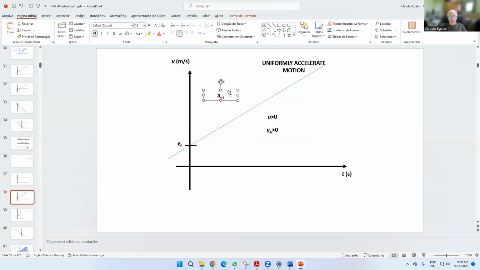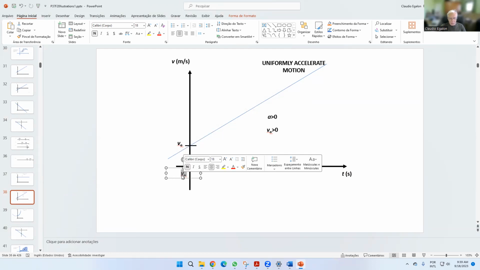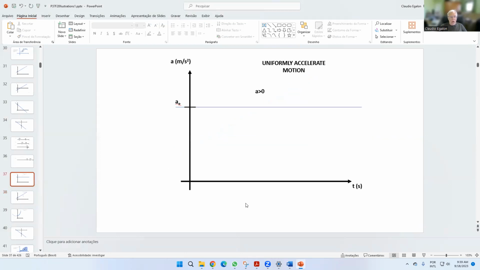A is greater than 0 because this slope is positive, right? And V naught is greater than 0, which is the intercept. The intercept is above the origin. I'm going to label the origin 0 here. I don't want the 0 italicized. I'm going to put the origin there on my acceleration graph as well.